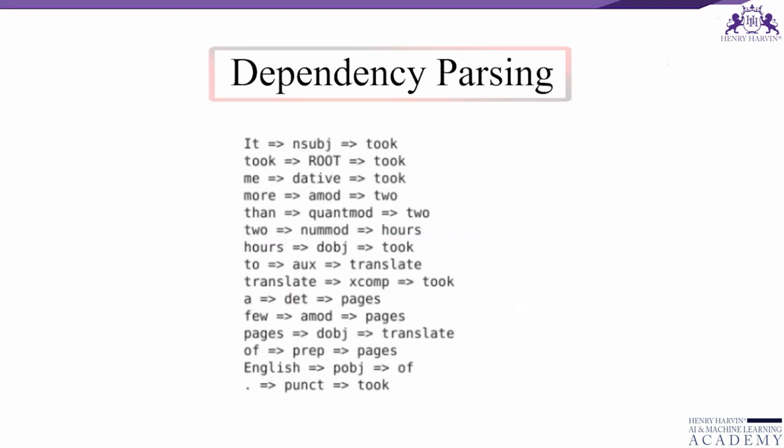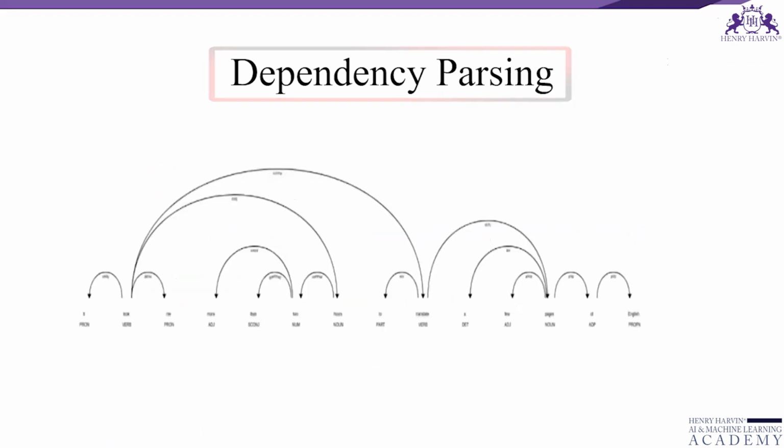The next one is about dependency parsing visualization. Here you can see some arrows. These arrows represent the dependency between two words, in which the word at the arrowhead is the child and the word at the other end of the arrow is the head.